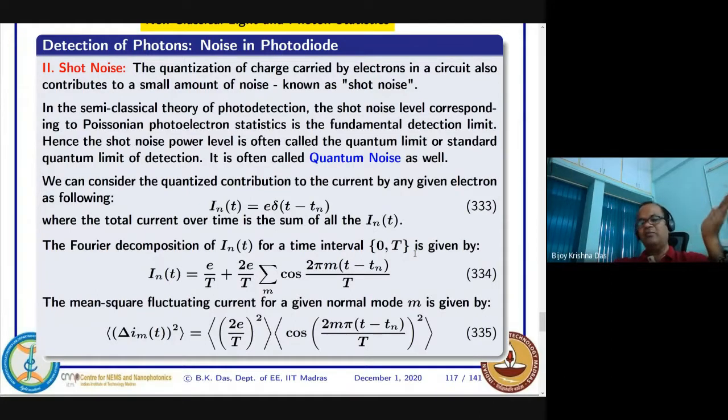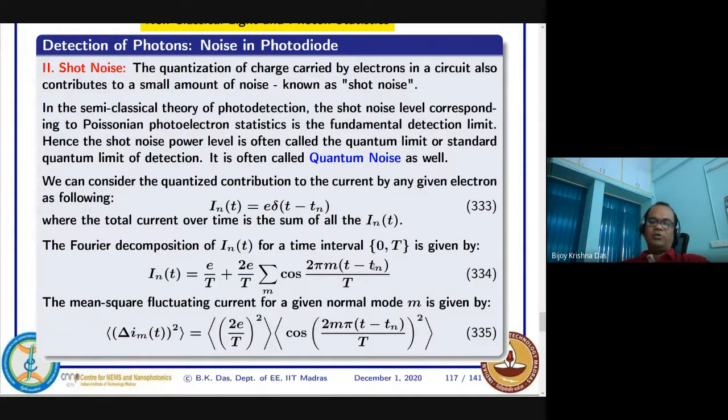Within that interval, if you decompose the delta function into Fourier components, which is a standard decomposition, you can get a cosine function of t minus tn, because if events come repeatedly, that is how you can expand.